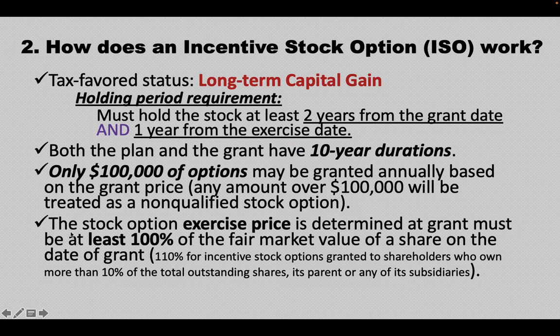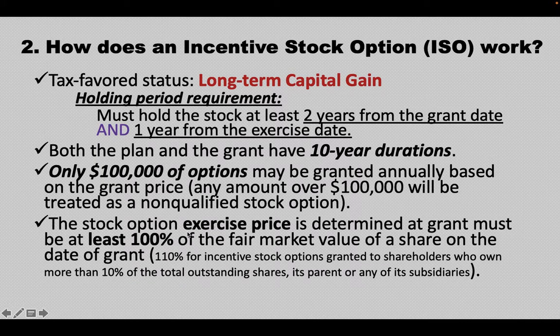Then also the stock option exercise price determined at grant must be at least 100% of the fair market value of the shares on the date of the grant. It's 110% of fair market value for 10% shareholders.